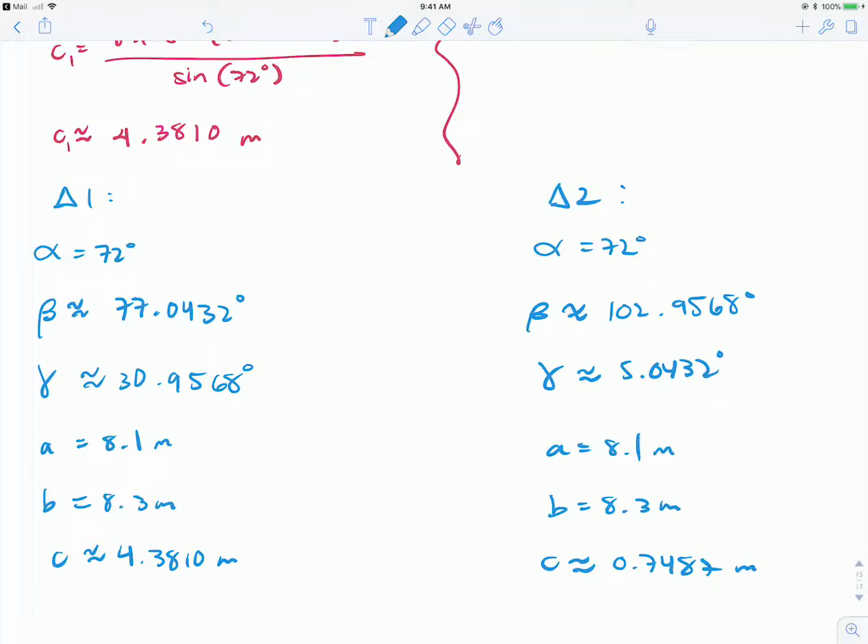Okay, so there's a summary of our two triangles, the angles and sides for each triangle.